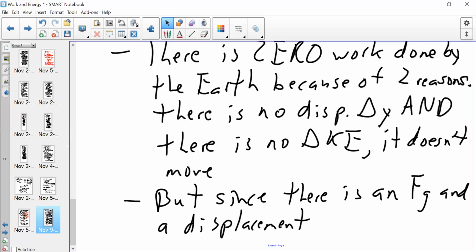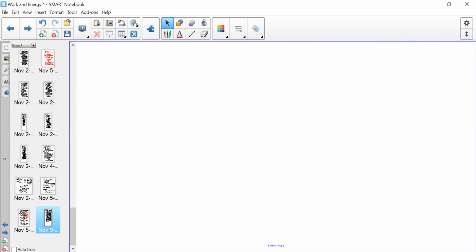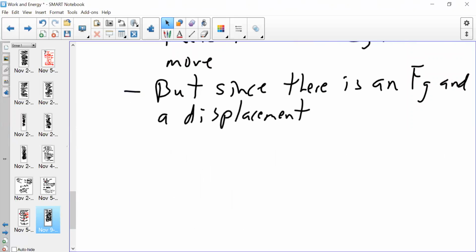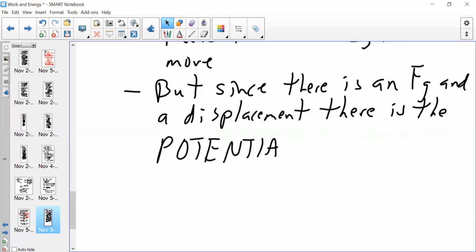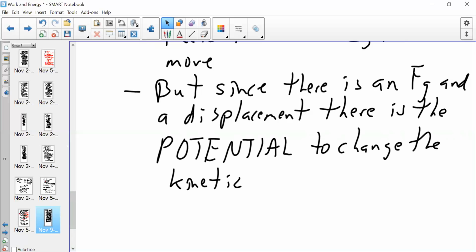There's some space, some height, or delta Y. Since these exist, there is the potential to change energy. Why is that? Because we have a force that exists that can change the position of that ball.